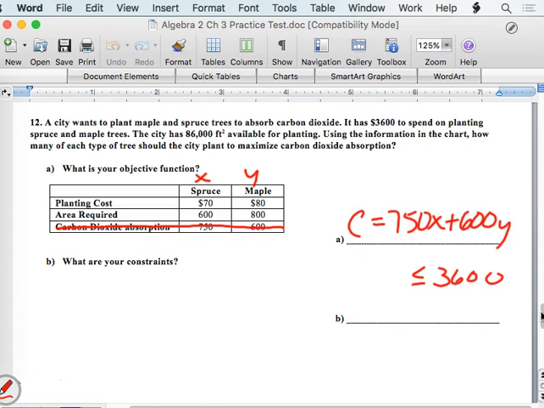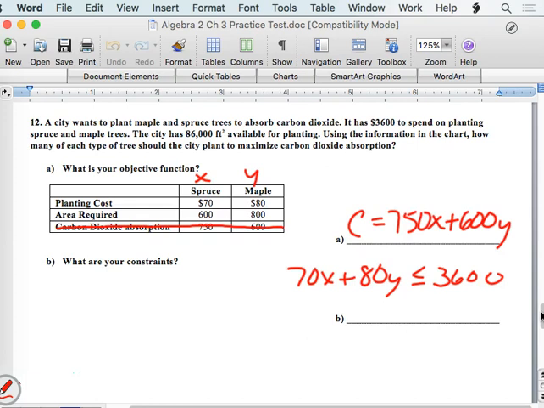Now, I think there's some pretty obvious stuff about money in that table. So what do you think we're going to do with that? No dollar symbols. You never put symbols in inequalities or equations. It's just 70x plus 80y. Was that the only thing holding them back? What was the other thing?